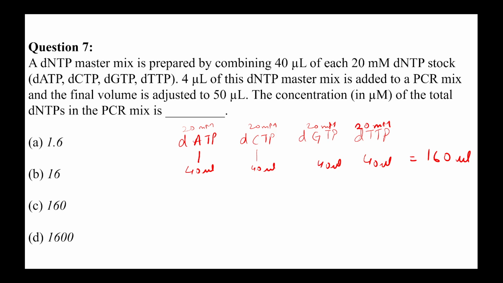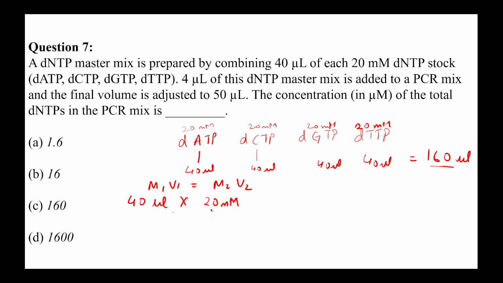Now, concentration of each dNTP. So, concentration of dATP in total 160 microliter would be 40 microliters into 20 millimolar. This is basically M1V1 equals M2V2.